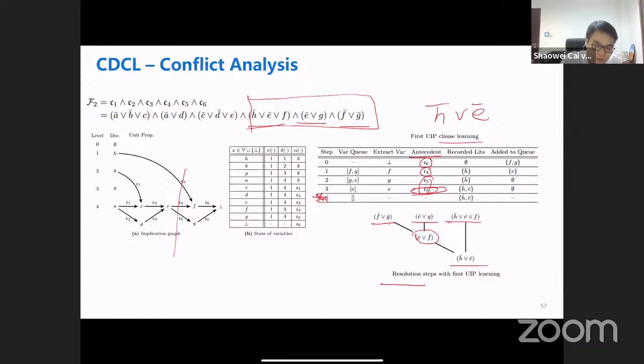If we look at the implication graph, when we make a cut here, the related clauses are C4, C5, and C6. Then we do the resolution according to the reverse order of this implication graph, and we will also get the same learned clause we obtained. These are two ways to get the learned clause.